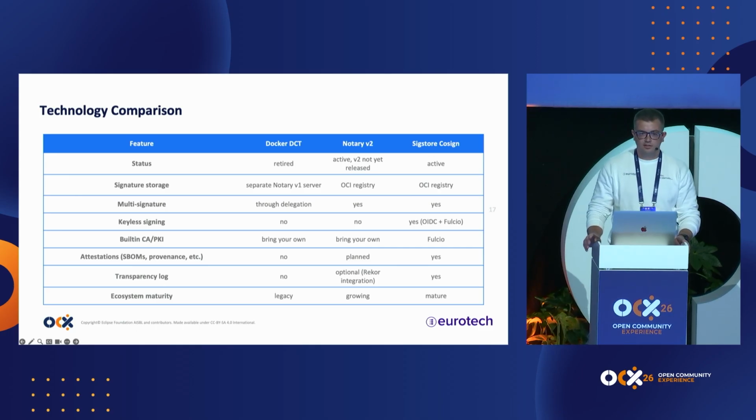Keyless signing is supported for now just by Cosign, and attestation is fully natively supported by Sigstore Cosign, whereas in Notary V2 it's not in the default process. We can say that among the three tools, Cosign is the most mature one.